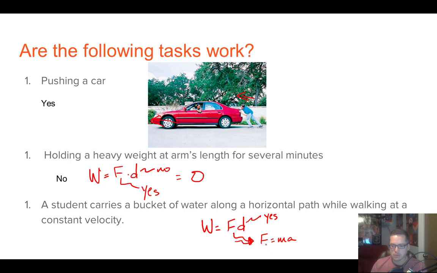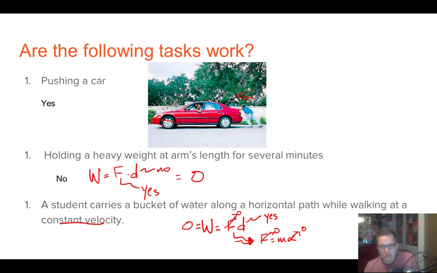Our bucket of water has mass, but is it accelerating? Acceleration is defined as a change in velocity. If we don't have any change in velocity, then we don't have an acceleration. It says it's a constant velocity, so our acceleration is 0, which means our force has to be 0, which means we have no work going on.